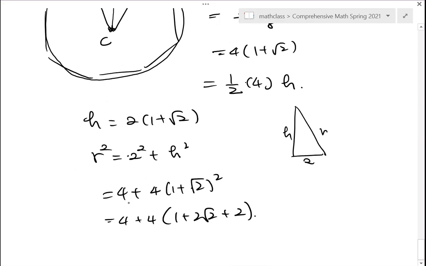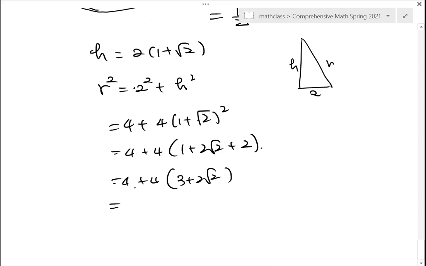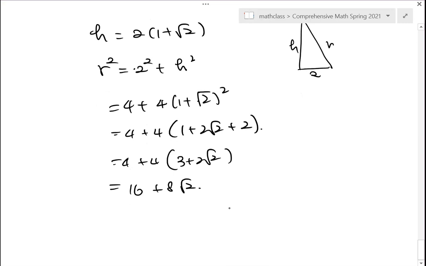I'm going to get 4 plus 4 times (3 plus 2 square root 2), so 12 plus 4 is 16, plus 8 square root 2. Finally, r is going to be the square root of 16 plus 8 square root 2.